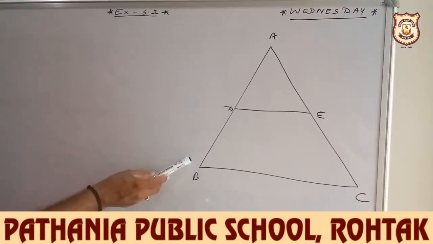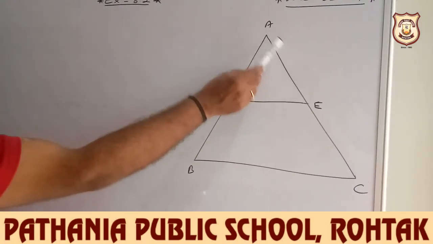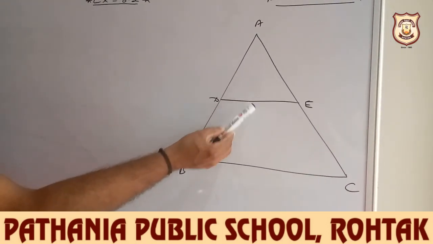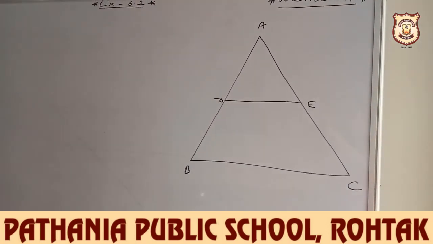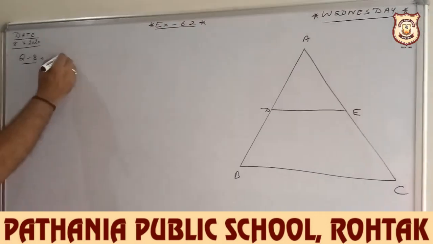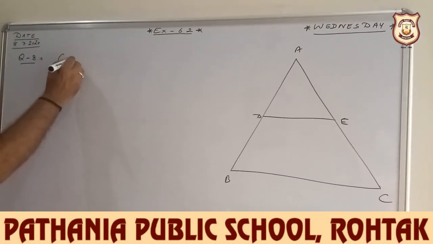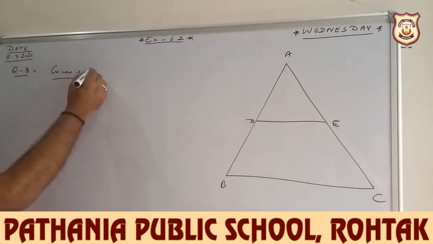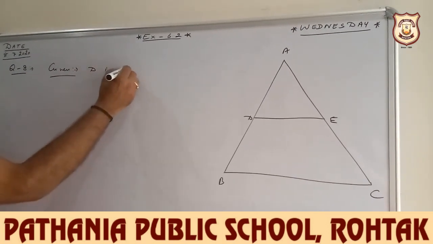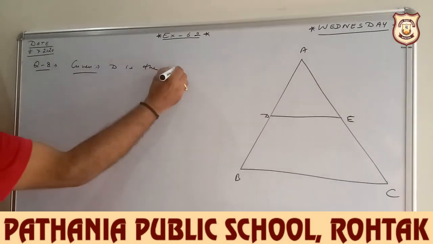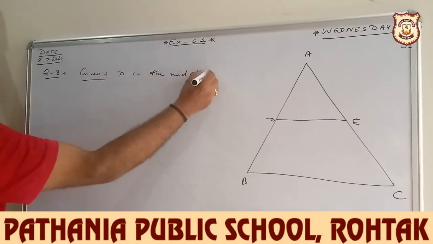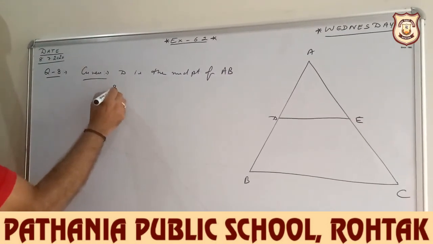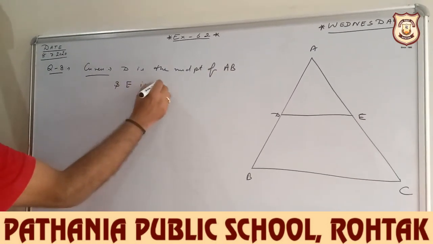Now question number 8. Using theorem 6.2, prove that the line joining the midpoints of any two sides of a triangle is parallel to the third side. In this student, see figure, D is the midpoint of AB, E is the midpoint of AC. We need to prove DE is parallel to BC. For this, start with given.